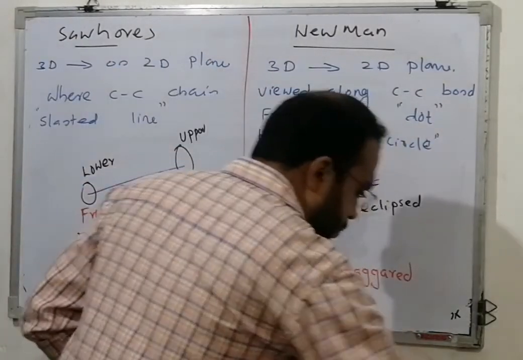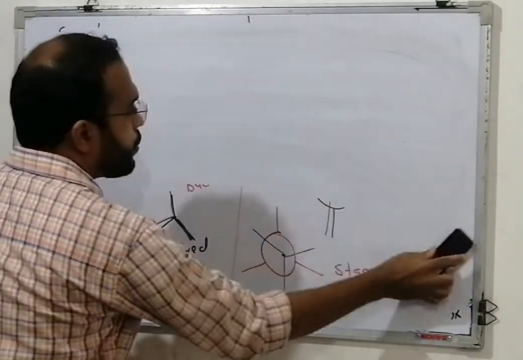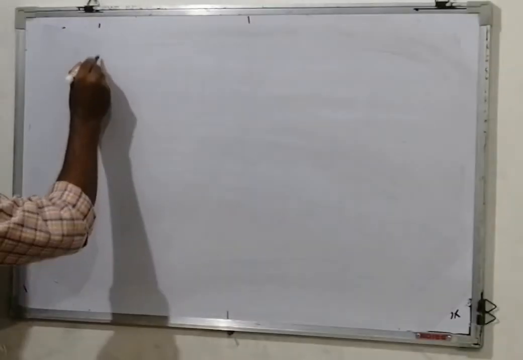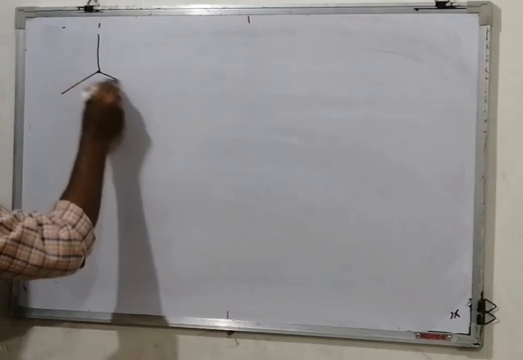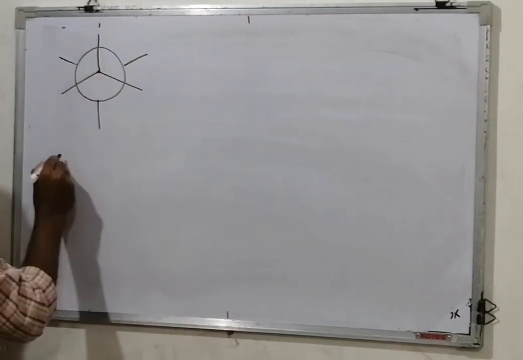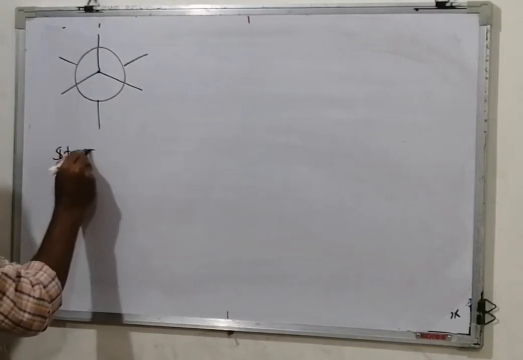Okay. Now we can show the relation between Newman and Sawhorse. This is Newman staggered.